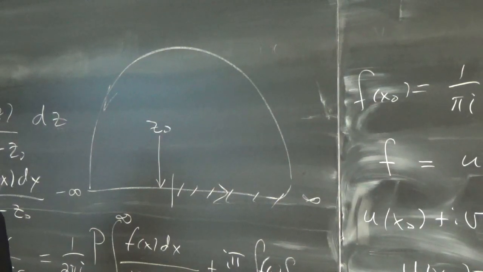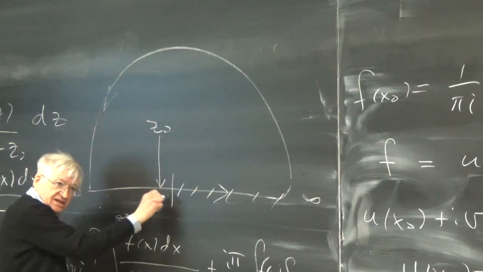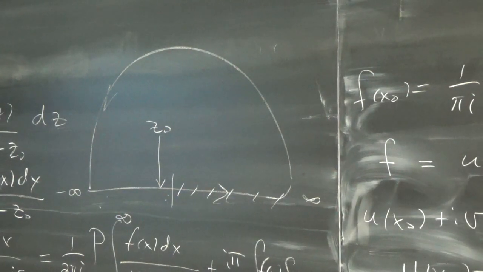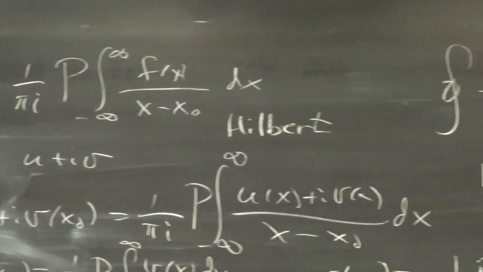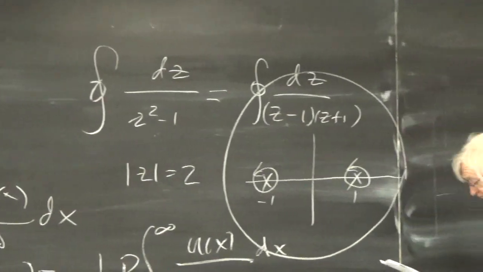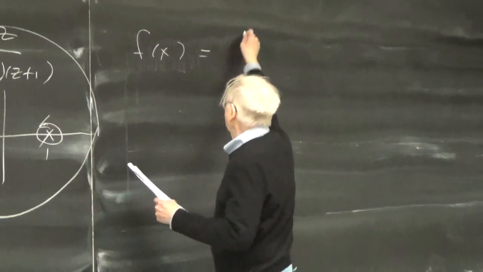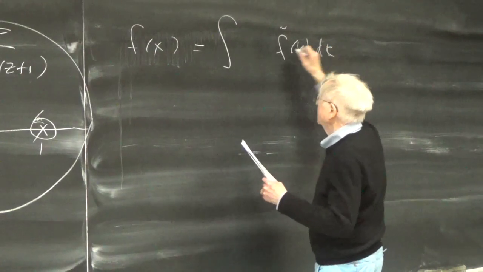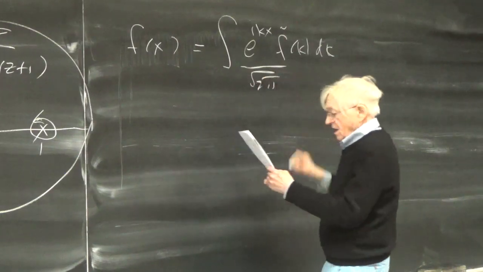And in that case, you've got to somehow finesse the integral over negative values of x. And of course, you can't just ignore negative values of x, you have to find a reason for it. One reason for it might be that f of x is the Fourier transform of some f tilde of k over the square root of 2 pi.